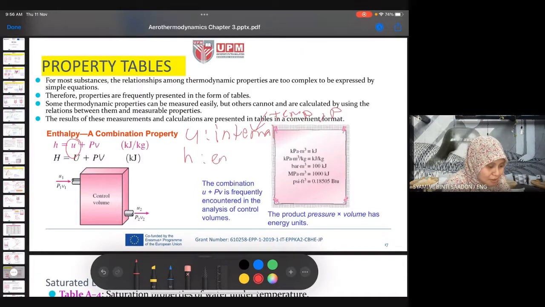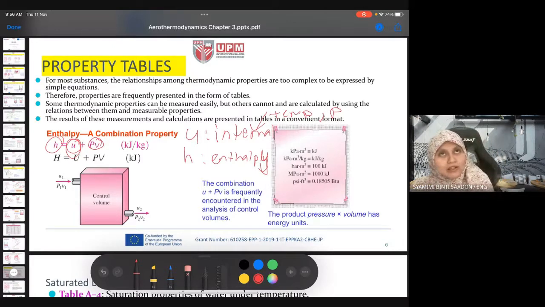H is enthalpy. The product of pressure and volume has energy units, so PV is also energy, U is also energy in joules, and this one is enthalpy.